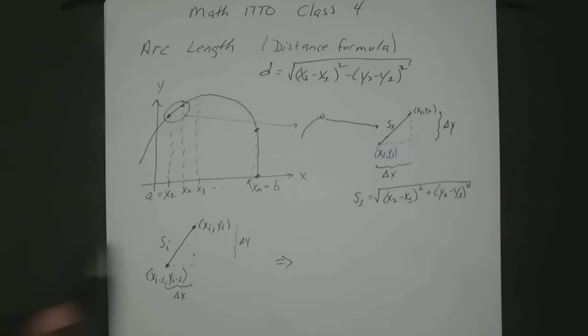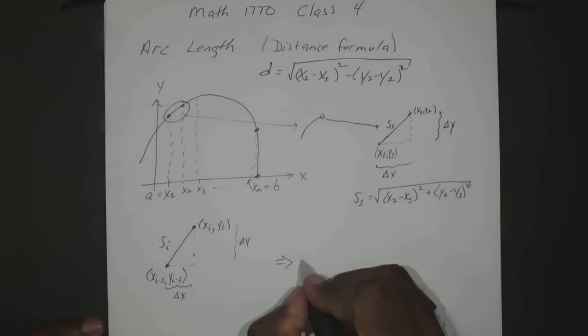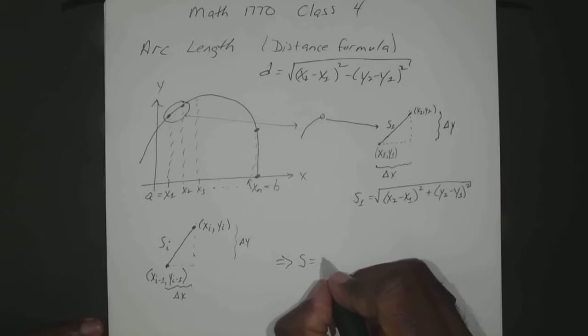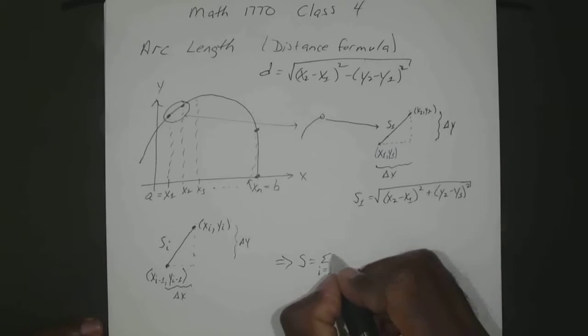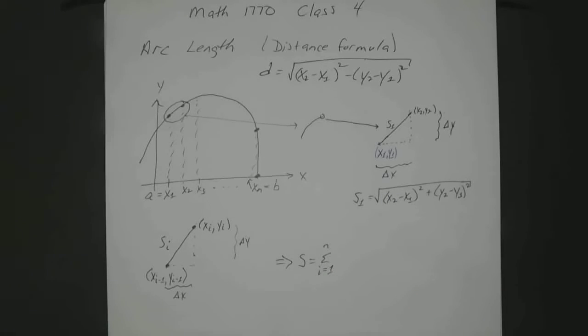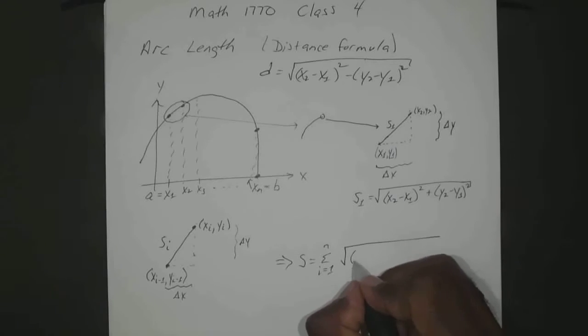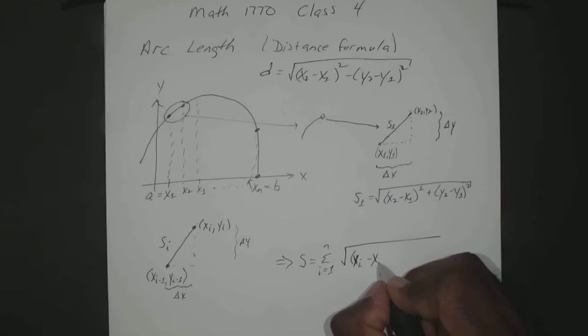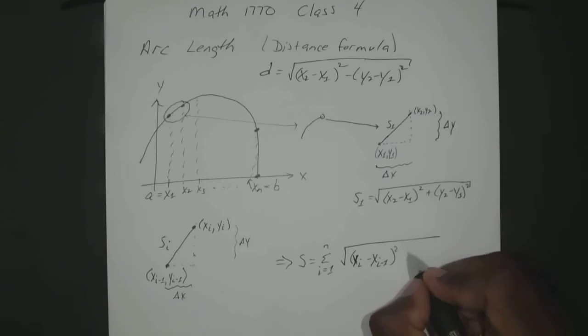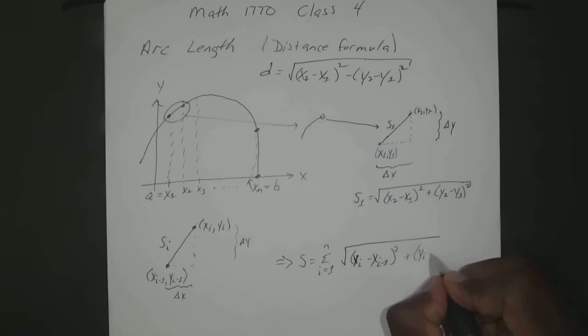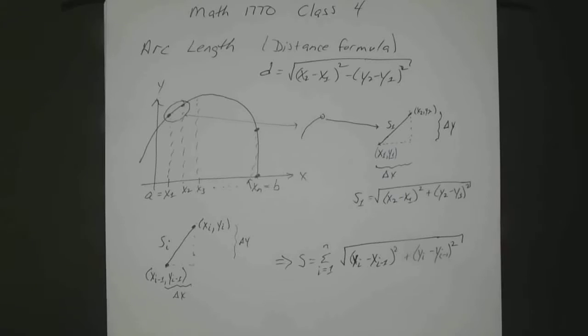So if we add all of those little small individual lines together, then our length is going to equal the sum from i equals 1 to some big number n of the square root of xi minus xi minus 1 squared plus yi minus yi minus 1 squared.